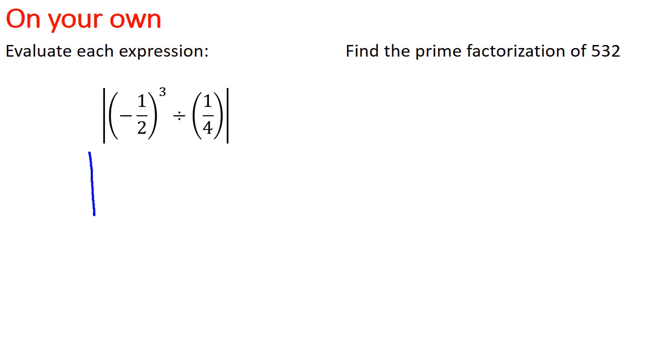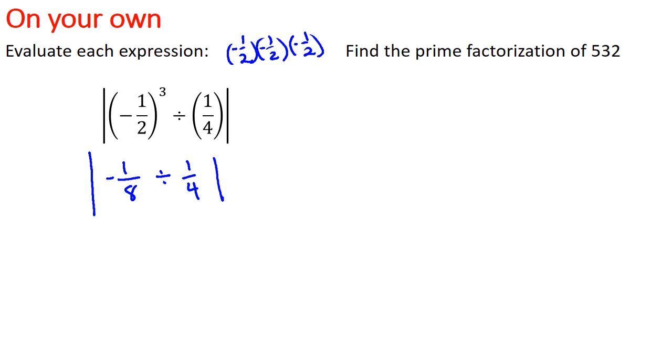So that's negative 1/2 times negative 1/2 times negative 1/2. Okay, so when I do this, I'm going to do my multiplication across the top. So I should still have negative 1 times negative 1 is positive 1 times negative 1 is going to give me negative 1. And then 2 times 2 is 4 times 2 is 8. So I should have negative 1/8 divided by 1/4.